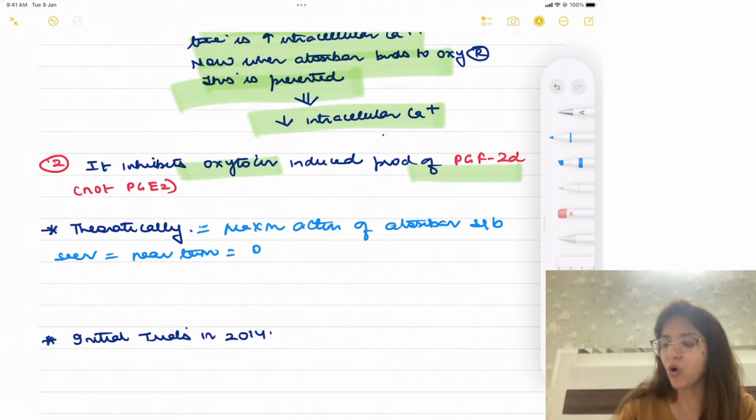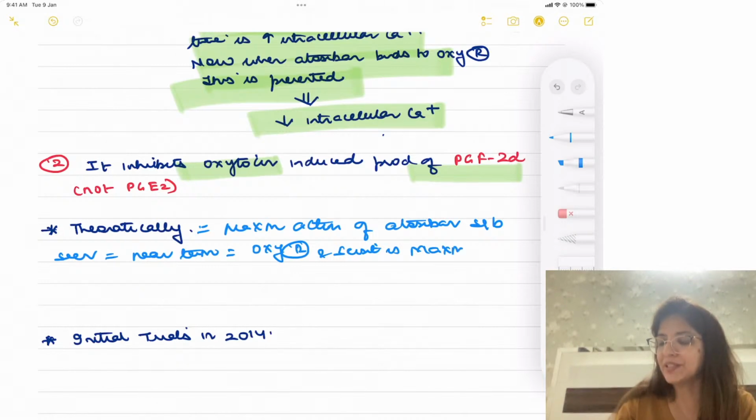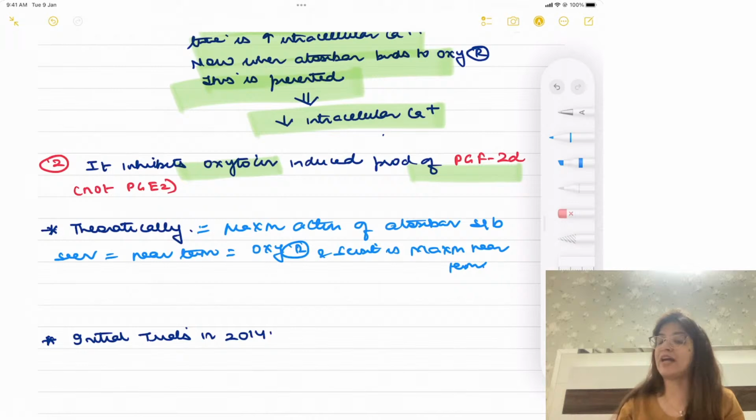Why? Because oxytocin receptors and their sensitivity are maximum near term. So theoretically, atosiban should be able to function mainly near term, because atosiban is acting on oxytocin receptors, and oxytocin receptors are maximum near term.